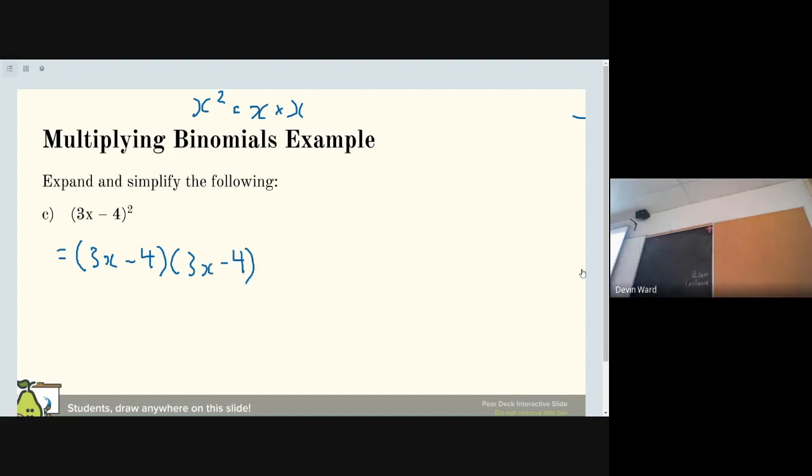Okay? So you just take whatever's in the bracket and multiply it by itself. Does that make sense?